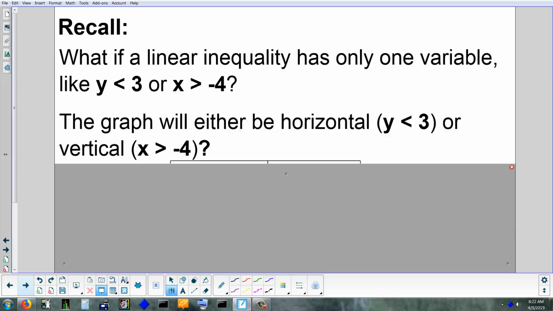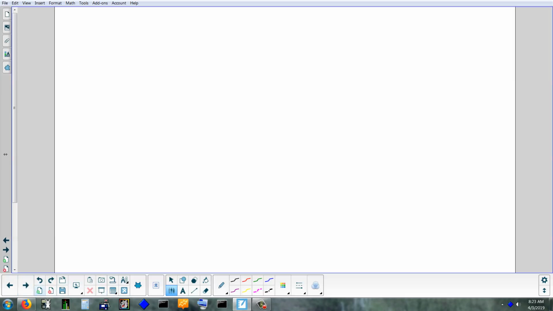So it gets a little weird because we usually said if it's greater than or equal to, you shade what? Where do you shade if it's greater than or equal to? Normally, if they had x and y in the inequality, it was a regular case. Can you put one on the board that has a greater than? Just an example, on the side. So if you were going to graph that line, it would be dotted, but then where would you shade?